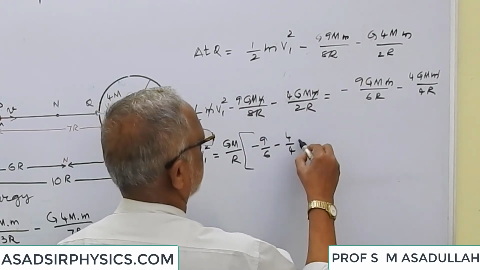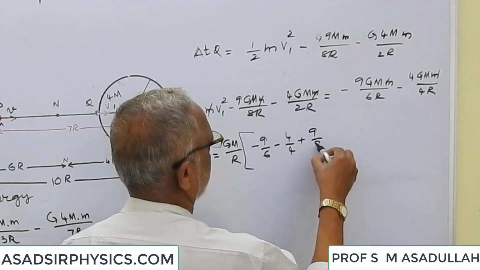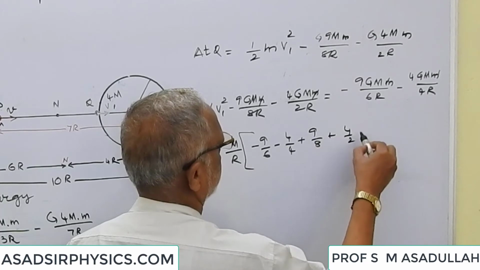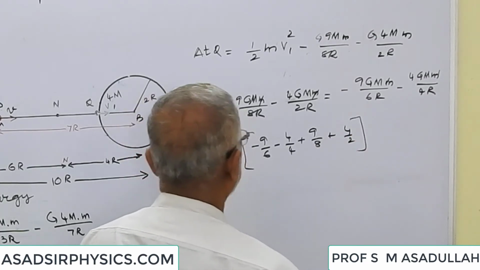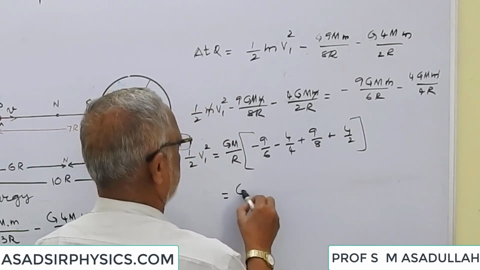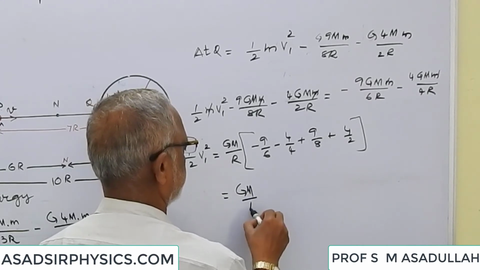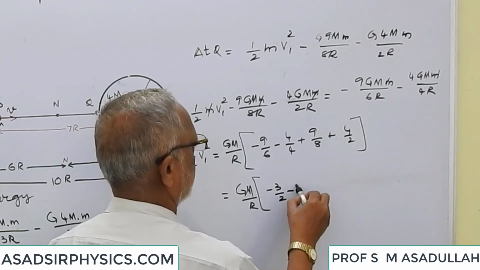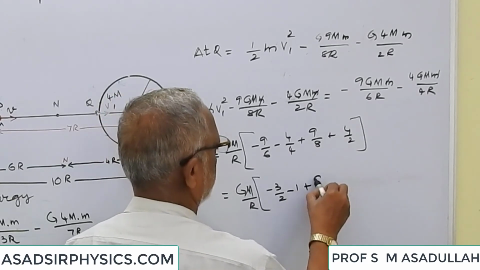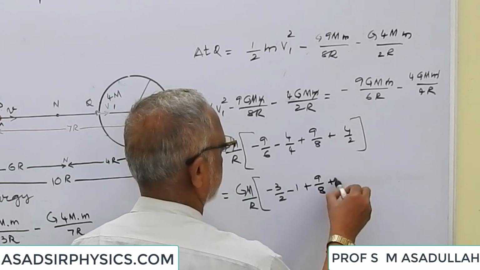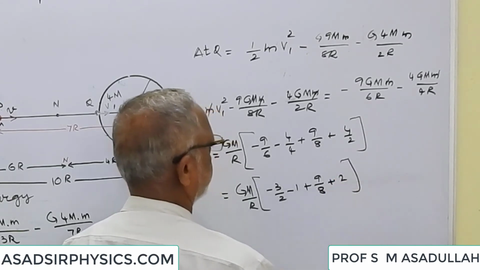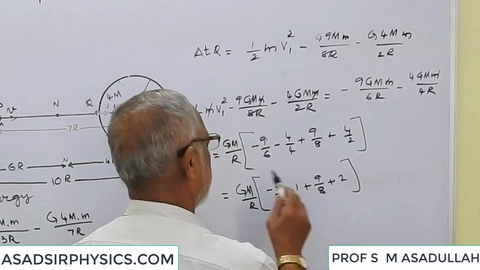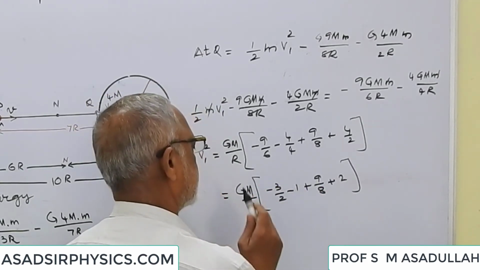This is the third term, plus 9 by 8. This is the fourth term, plus 4 by 2. So that is GM by r, bracket, minus 3 by 2, minus 1, plus 9 by 8, plus 2. 2 minus 1 is 1. 1 minus 3 by 2 is minus 1 by 2.